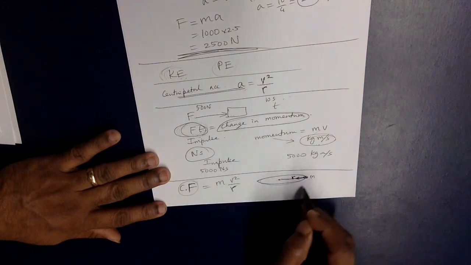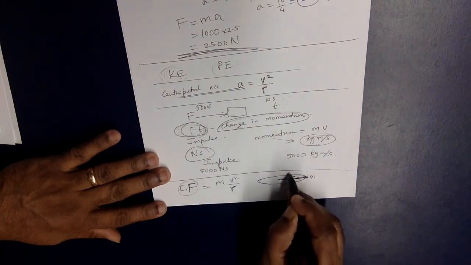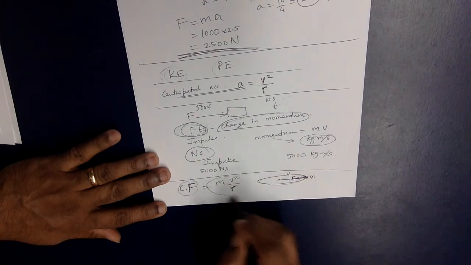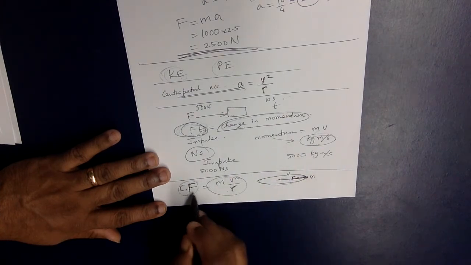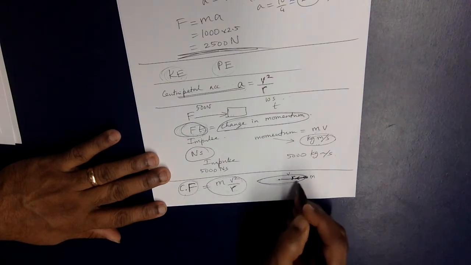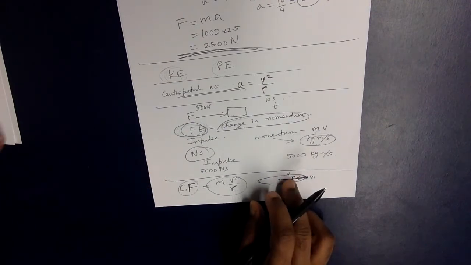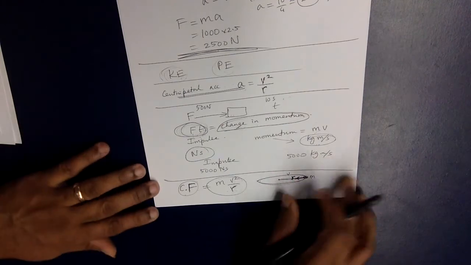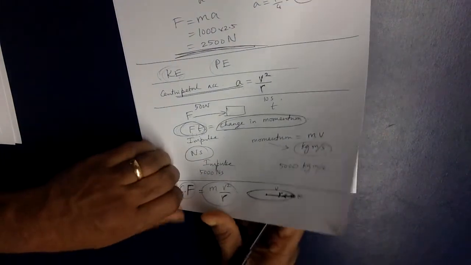So m is here, radius is here, v is how fast it is spinning. So you can actually find the centripetal force. And where is the centripetal force seen in this particular problem? It is the tension in the cable. Okay, that's some information that you should be having.